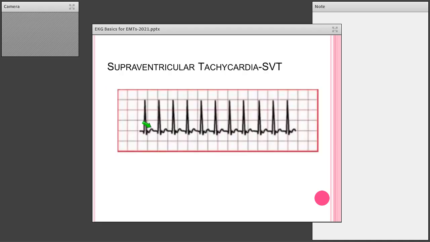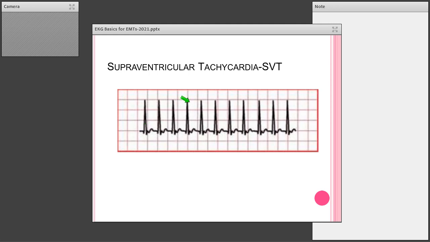Next, we have supraventricular tachycardia, or SVTs. And this is a scary heart rate for a patient, but it's kind of an exciting one for EMS providers. So if we wanted to count the rate on this one, we can find this one.